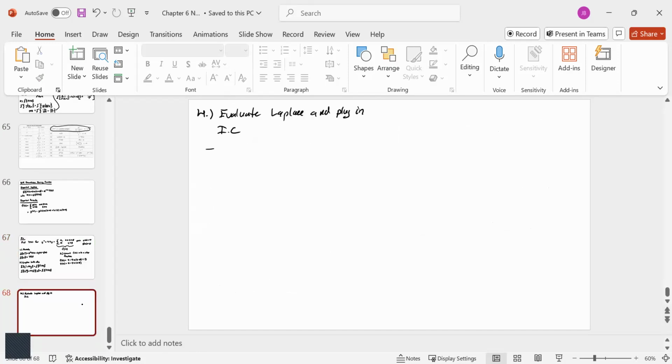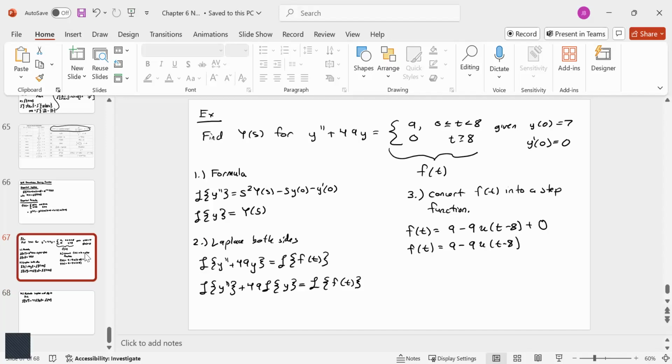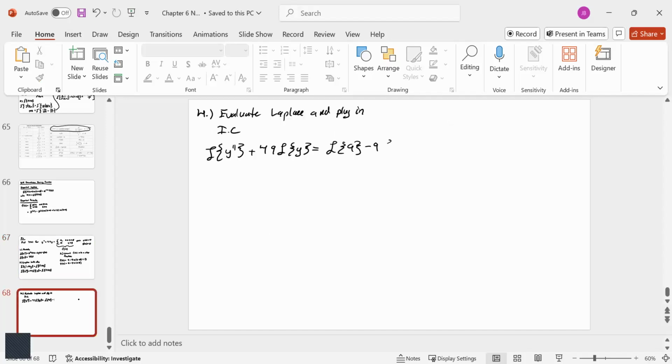So the Laplace transformation of y double prime plus 49 times the Laplace transformation of y is equal to the Laplace transformation of 9, and then we have minus 9 times the Laplace transformation of the step function at 8. According to our formula, this will be that.